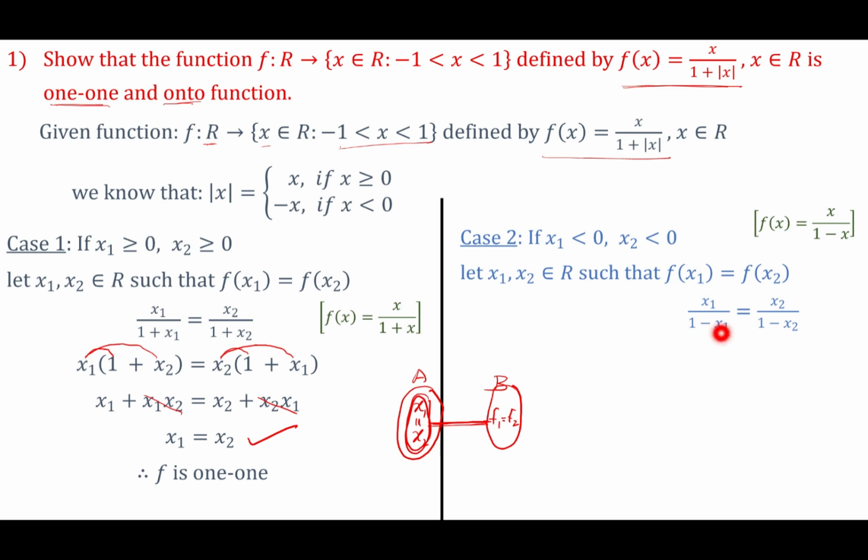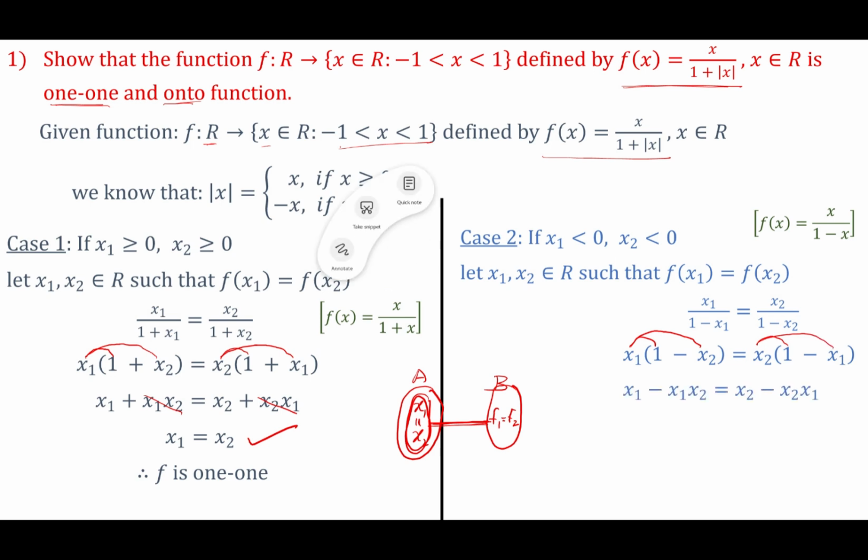Now on cross multiplying, x1 times 1 and x1 times x2, x2 times 1 and x2 times x1. If I multiply like this, I got this one, and both sides have the same terms, negative x1 x2 and negative x2 x1.